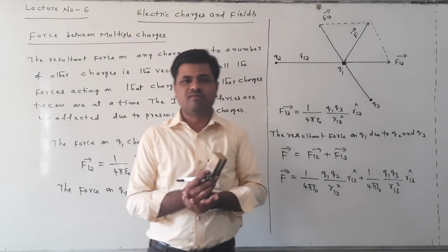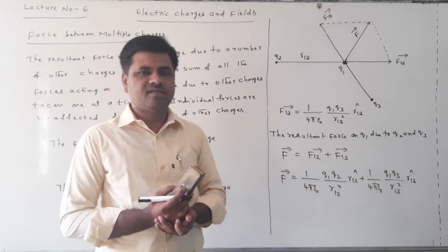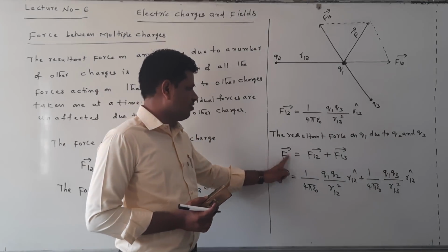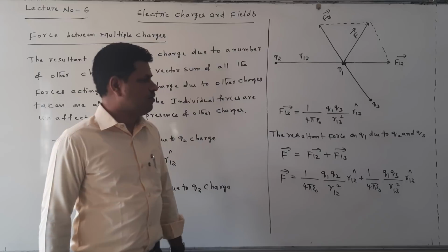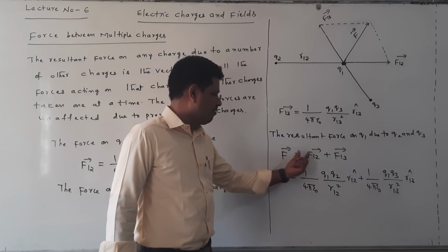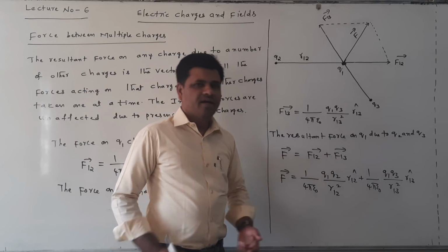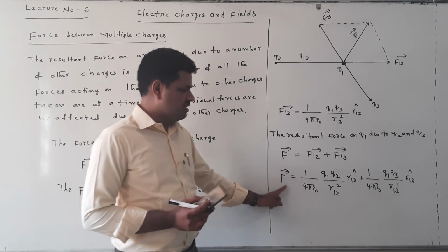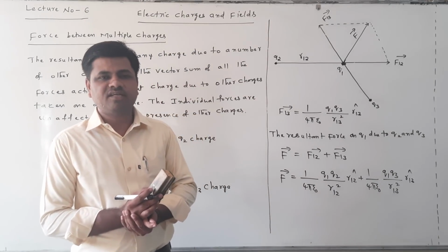Adding the two forces gives the resultant force. That resultant force on Q1 due to Q2 and Q3 can be written as F bar is equal to F12 bar plus F13 bar. From this we get the resultant force when considering 3 charges.